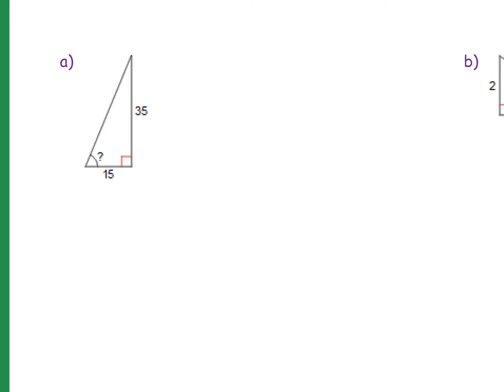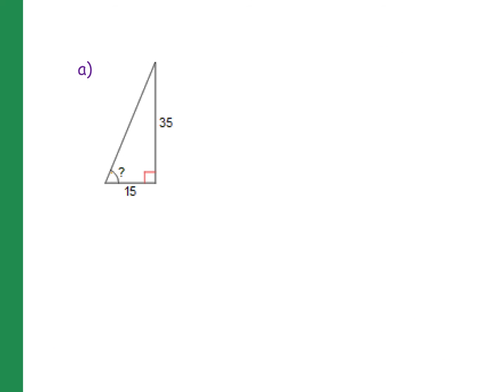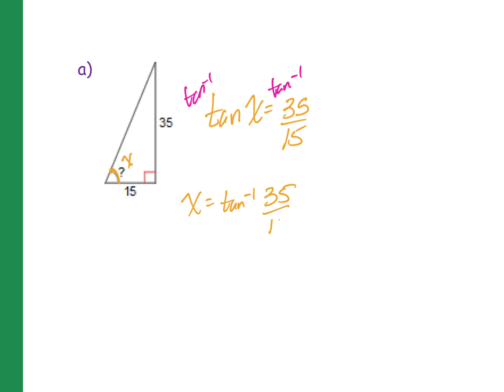Here we go. So this angle is x, and I have tangent of x is going to equal 35 over 15. Tan inverse. So x is going to equal tan inverse of 35 over 15, which is approximately equal to, as Ketlin said, 67 degrees.